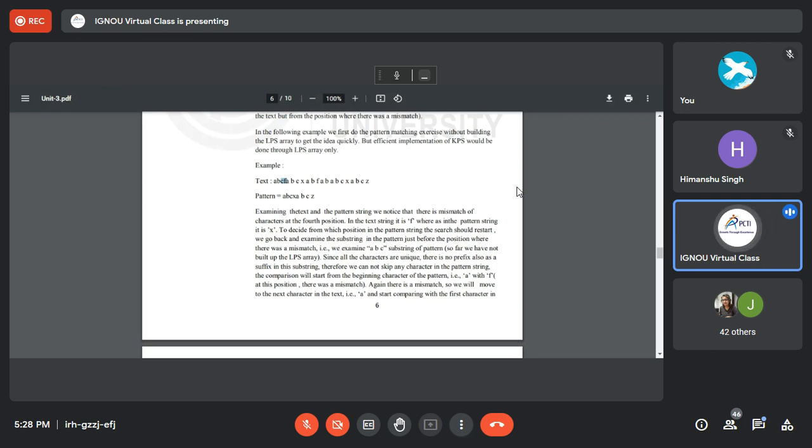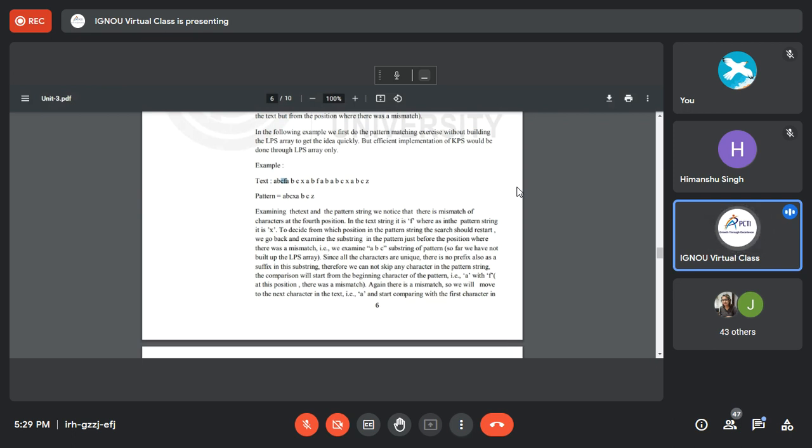We examine the substring A, B, C of the pattern. Since all the characters are unique, there is no prefix which is also a suffix in this string. Therefore, we cannot skip any character.